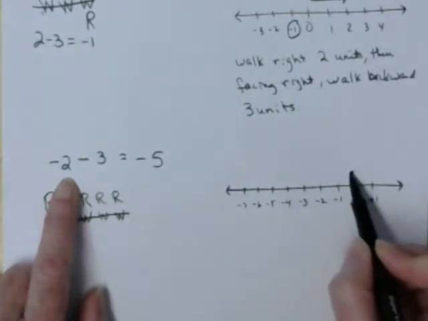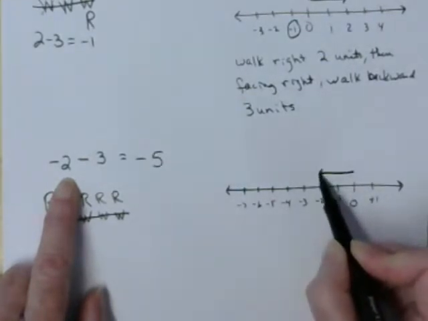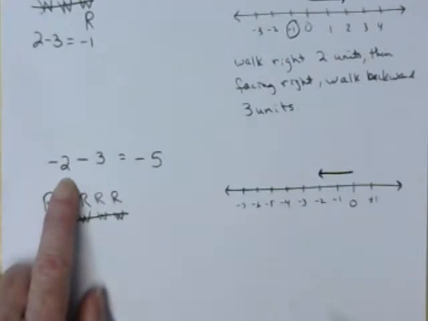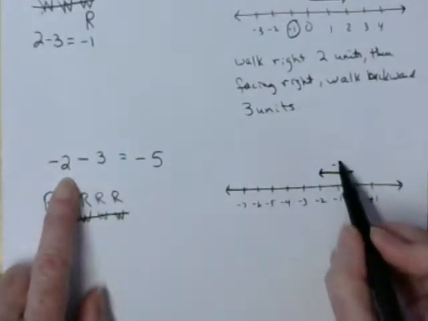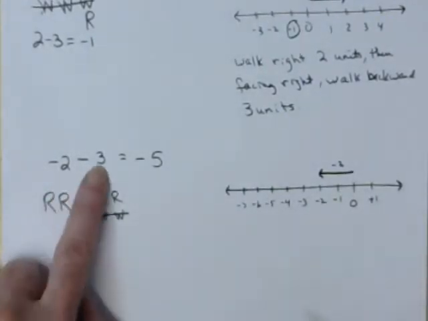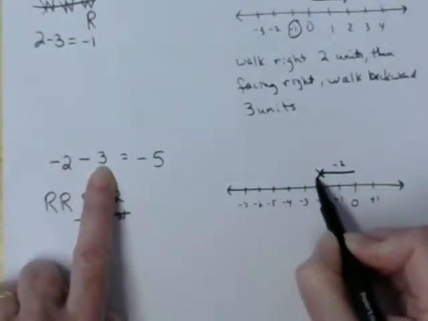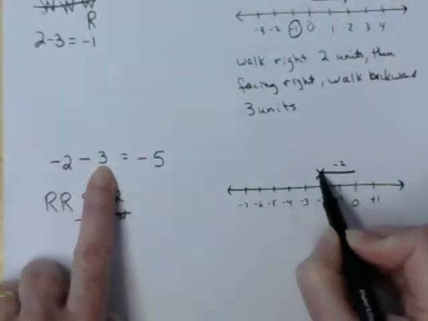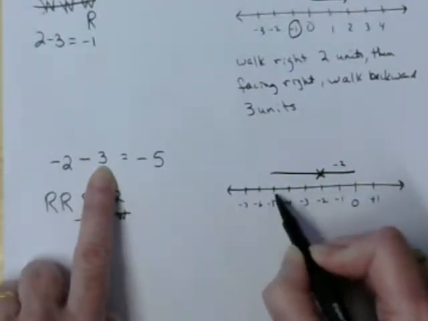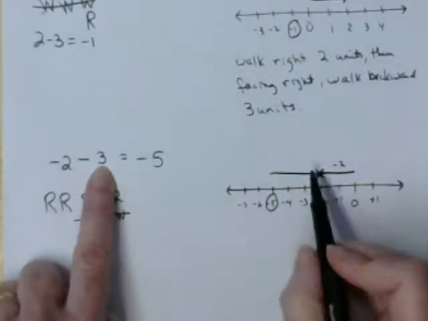So we're going to have a line segment that goes in the negative direction, 2 units. Here's our negative 2. And now we're going to walk backwards, but we're going to face in the positive direction because we're taking away a positive 3. So I want to turn my arrow facing this way, but walk backward 3 units, and I end up out here at 5.